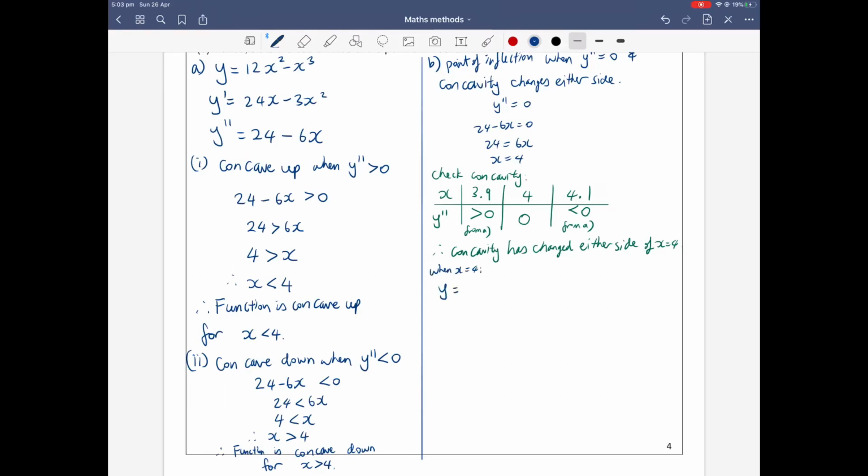When x equals 4, your y value is 12 times 4 squared minus 4 cubed. Using a calculator, that gives me 128. So we can say, therefore, the point of inflection is 4, 128.